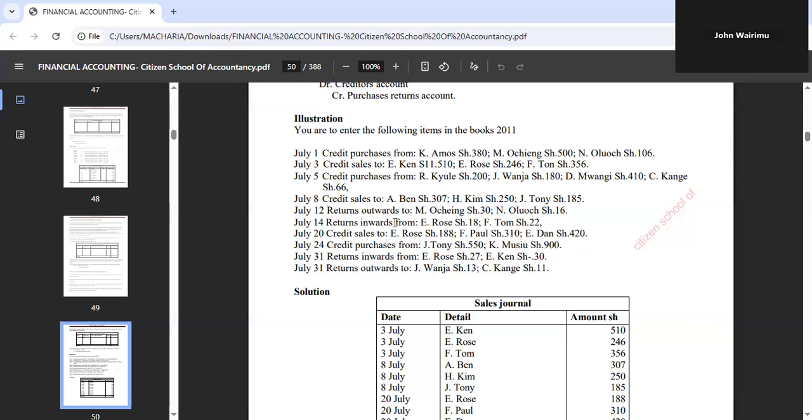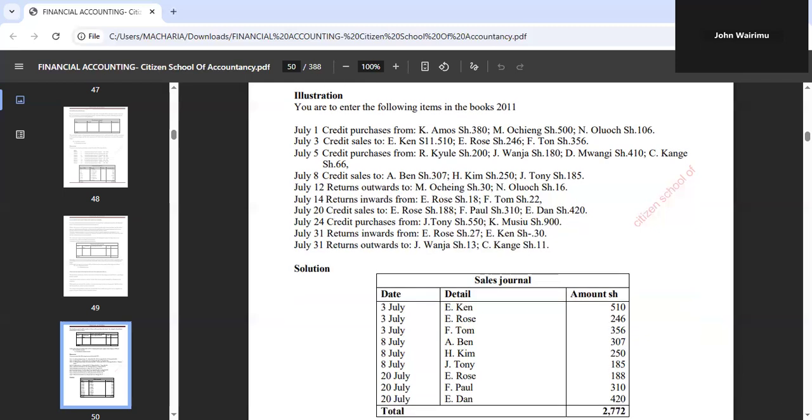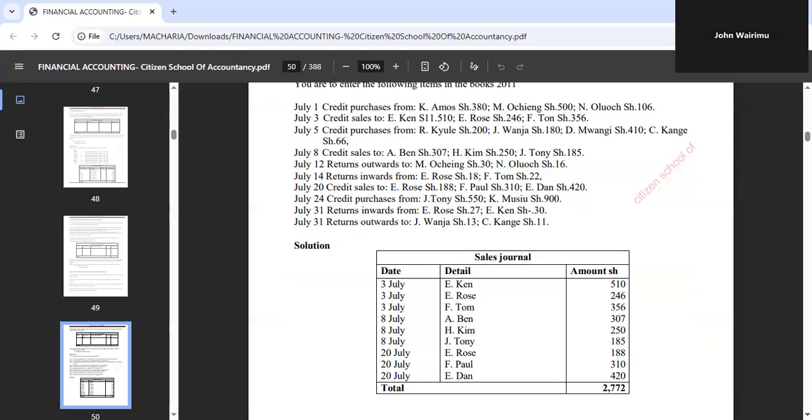Return inwards will go to return inwards journal. Credit sales will go to sales journal. We have 188, the next item we have here, 310, and 420. So basically, the remaining three, they are not credit.